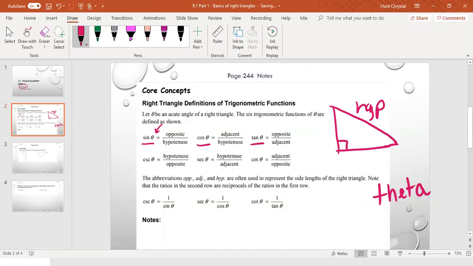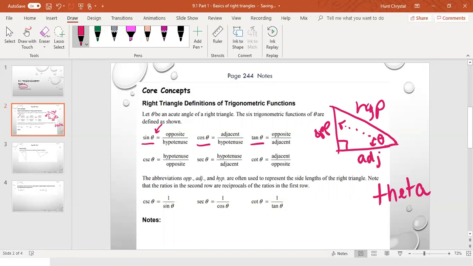If I have my theta here, then my opposite side would be the opposite from the theta. Hypotenuse never changes, but the opposite and the adjacent do. The opposite would be across, and the adjacent would be beside.